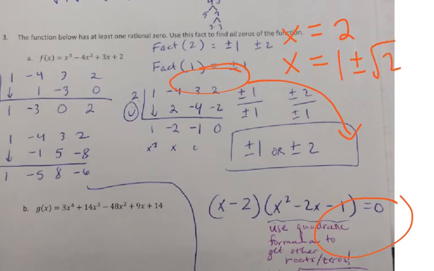So we talked about irrational roots, and this is an example of irrational roots. We see that there are 3 zeros for this cubic polynomial, because we have the zero x equals 2, the zero x equals 1 plus the square root of 2, and the zero x equals 1 minus the square root of 2.